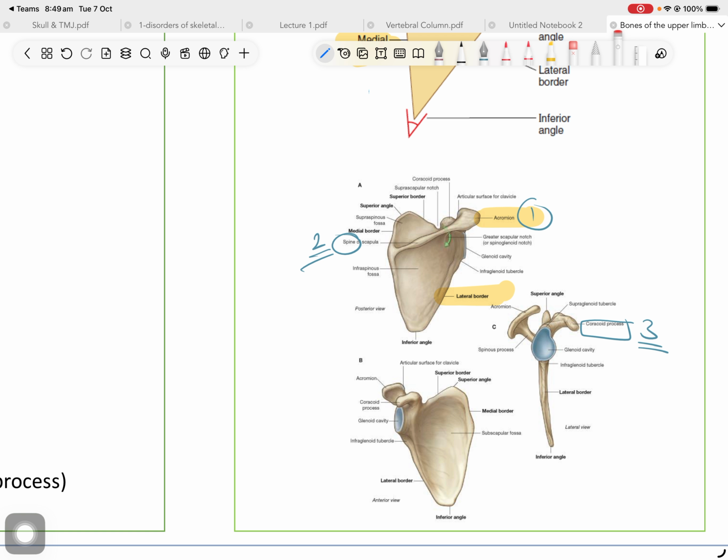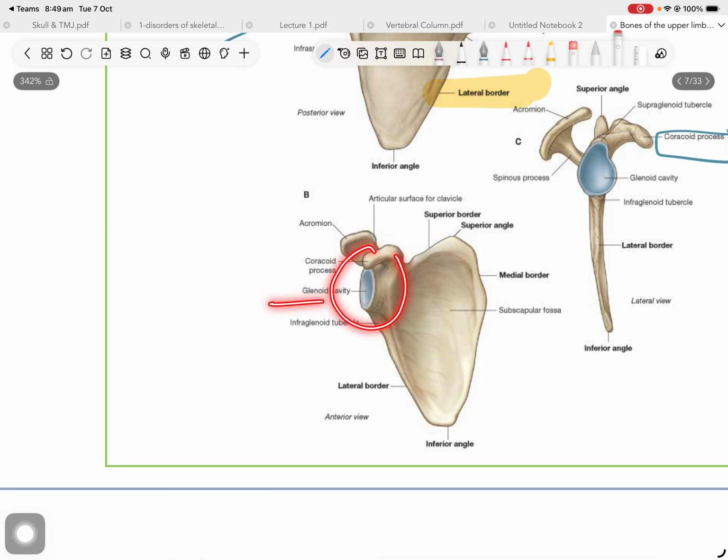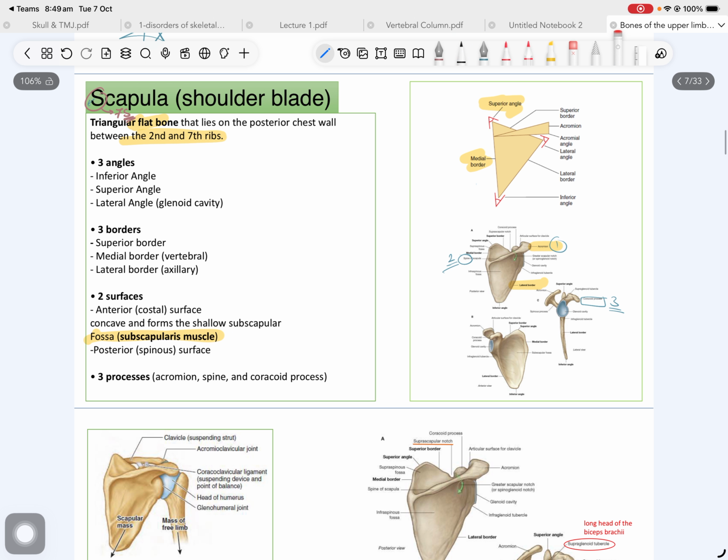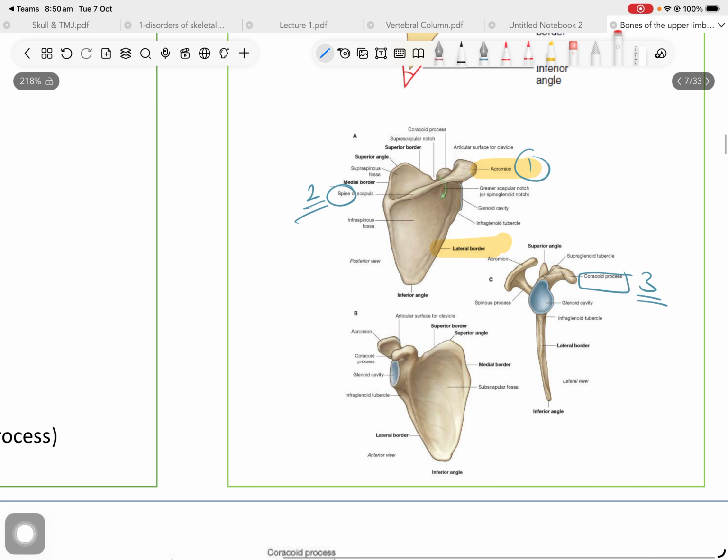And here, this is the lateral angle, we call it the glenoid cavity. This is where it articulates with the head of the humerus to form the shoulder joint, okay? On the top of this cavity, I have what is called the supraglenoid tubercle.